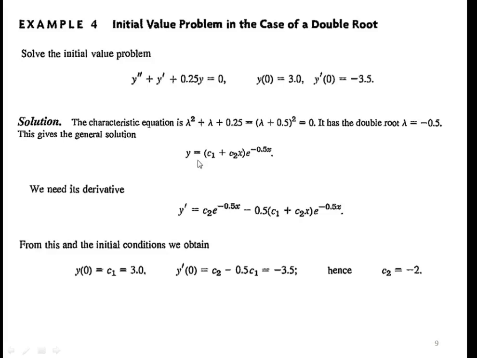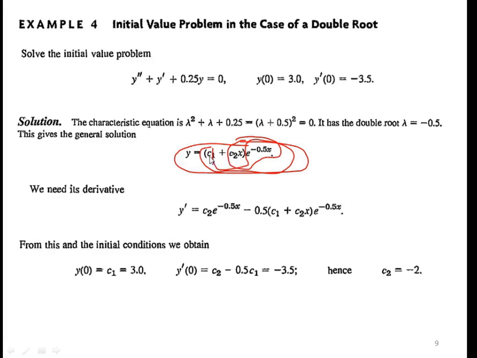And due to case number 2, I will use the solution. Now you can see this one is y1 and that one is y2. So this is the general solution.